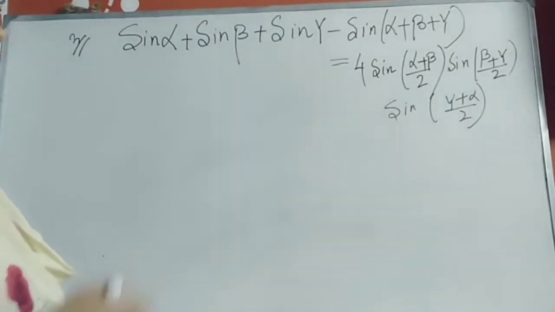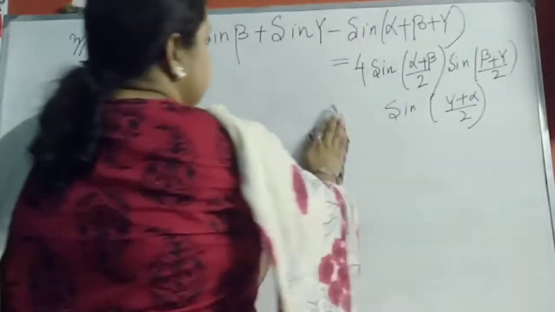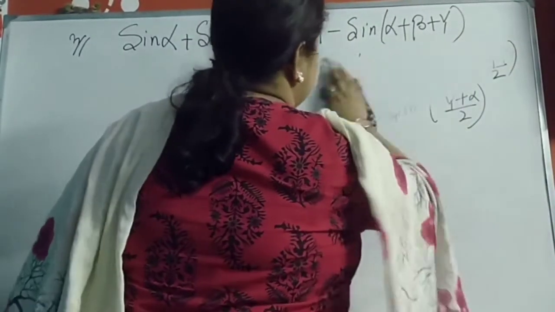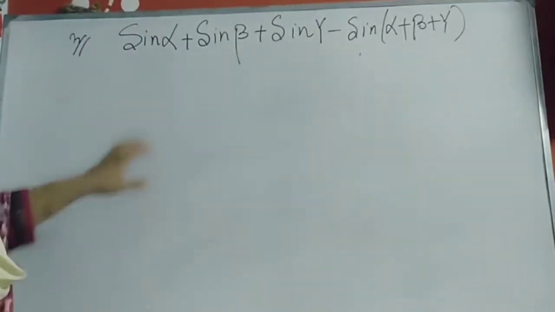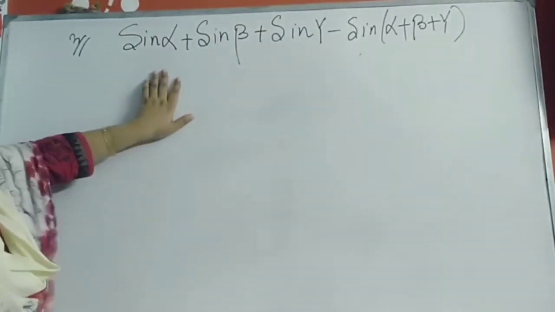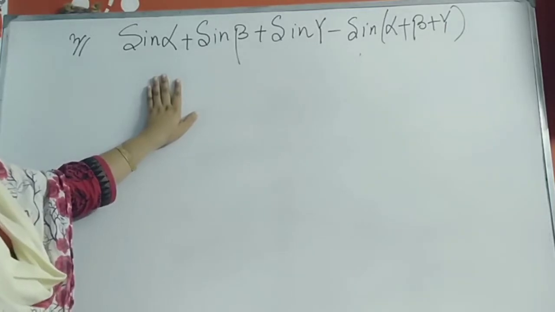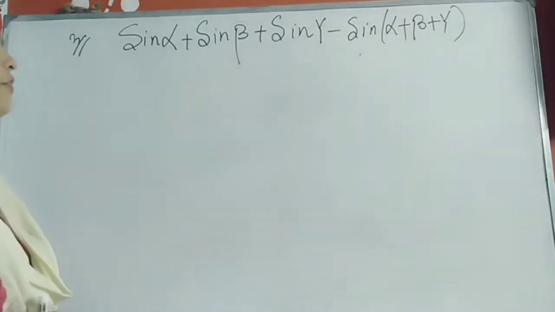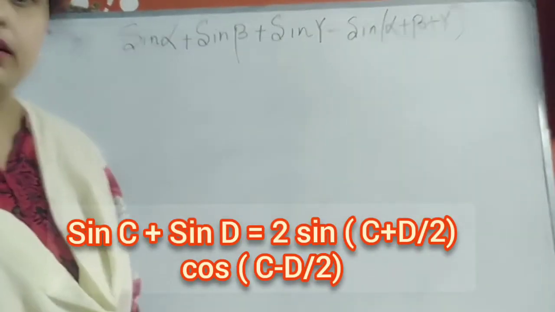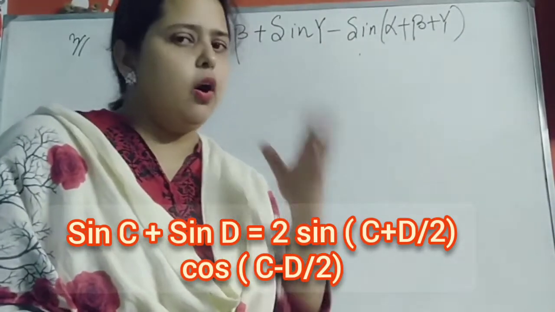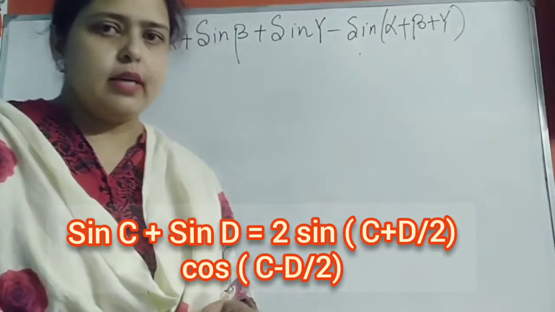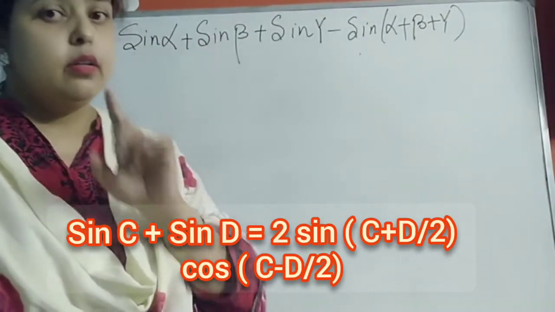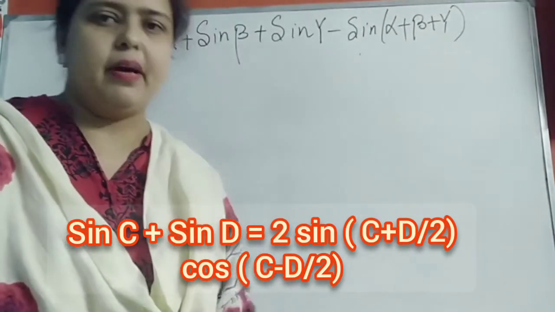So I will continue obviously from the LHS part, and the formulas to be used are, I hope, very clear to everybody. So what is the formula of sin C plus sin D? Always recall, always write down, as I said in the last two problems, 2 sin C plus D by 2 into cos C minus D by 2.